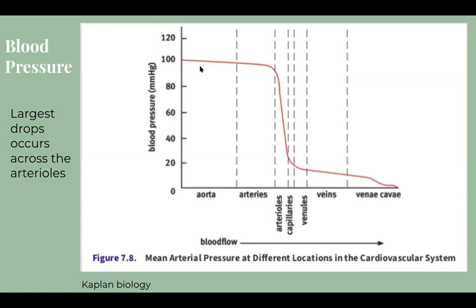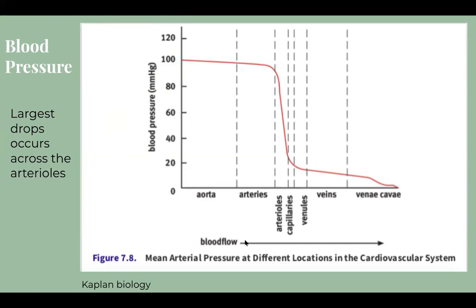This is a unit of pressure. And as you proceed through your arteries, you're maintaining that pressure pretty much. But as you enter these really small blood vessels, arterioles, capillaries, and venules, your pressure drops a lot, and then the pressure is lowest going through the veins, lowest at the vena cava.